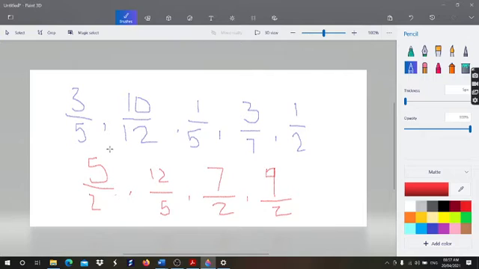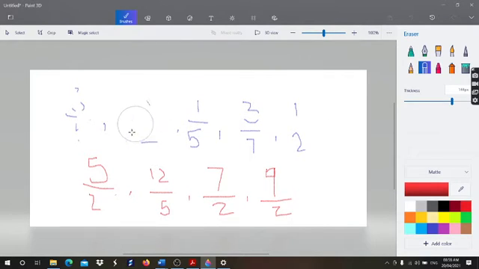Now another type of fraction, that is mixed fraction. Now how can you get a mixed fraction? That also you knew in your previous standard. Mixed fraction is obtained from an improper fraction. How?